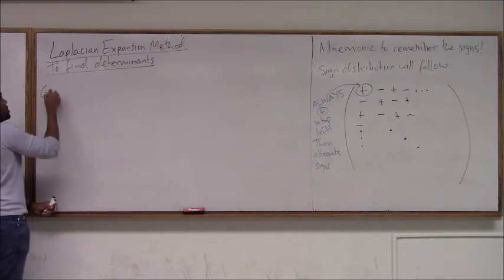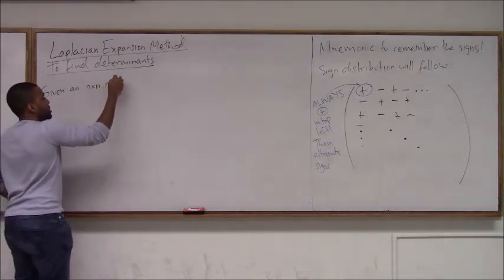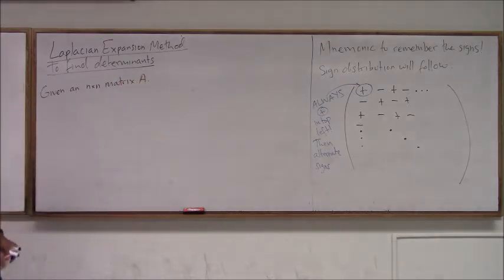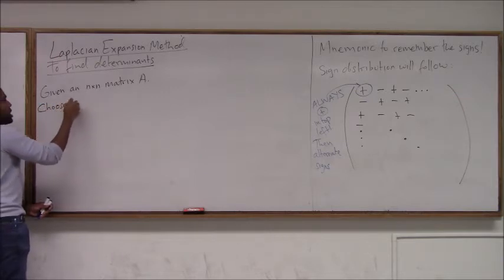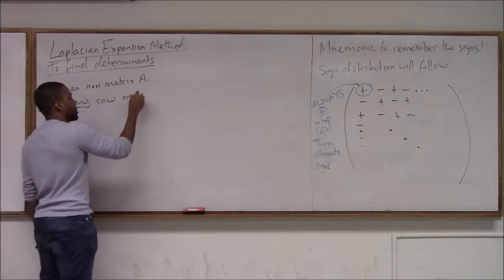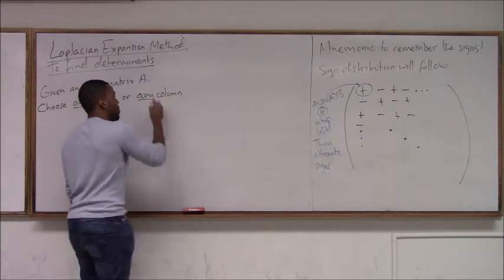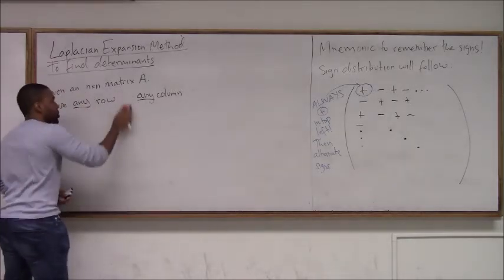Given an n by n matrix A, choose any row or any column. One or the other. You can pick a row or pick a column, not both. Exclusive or here.